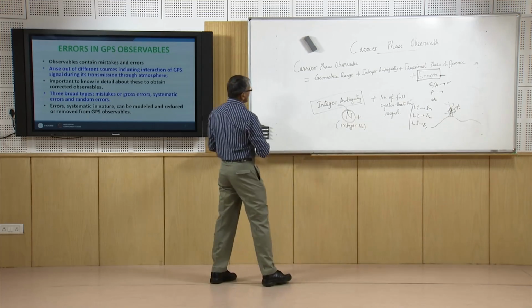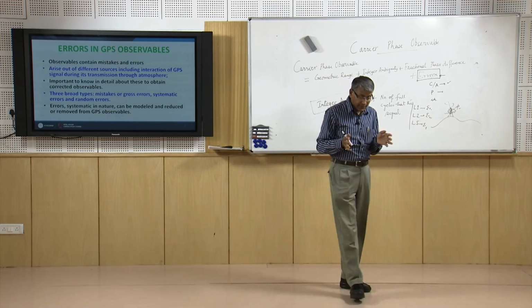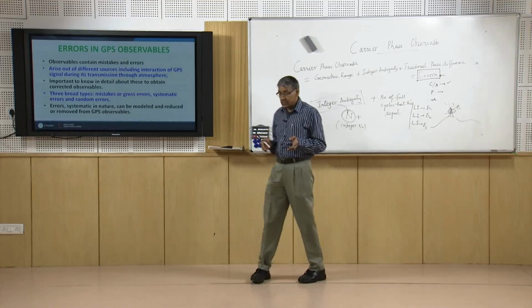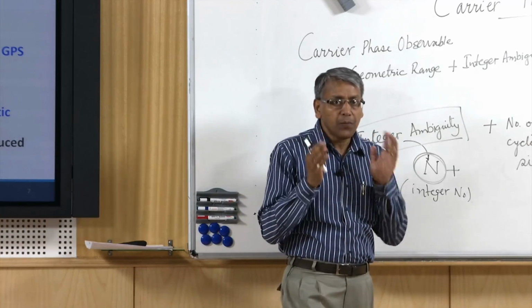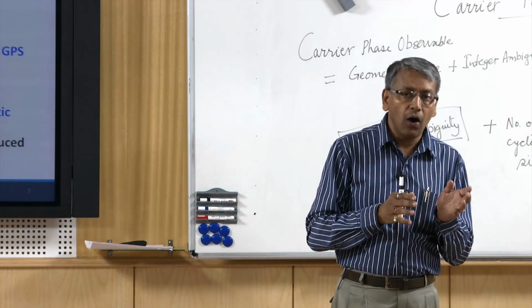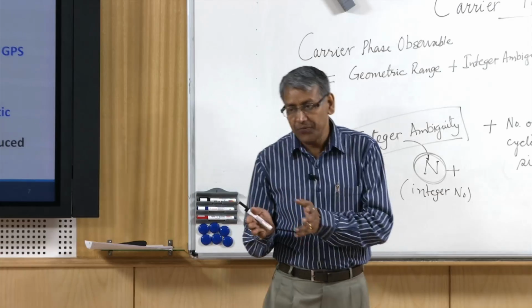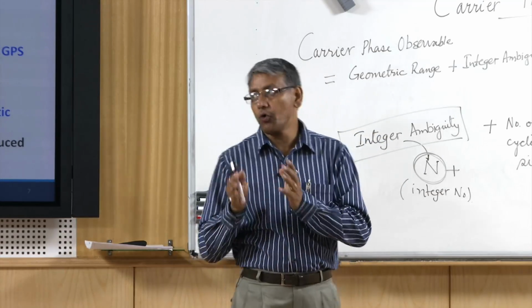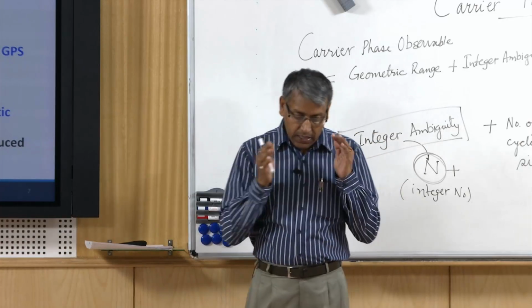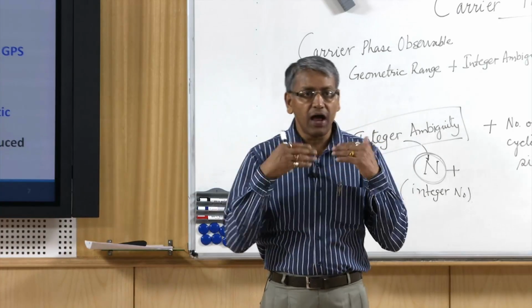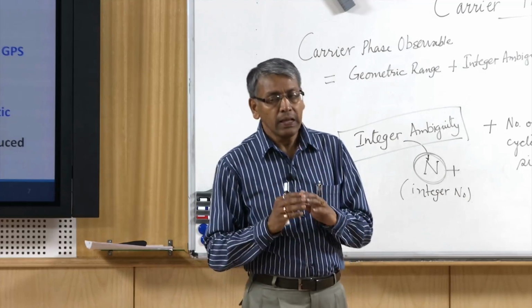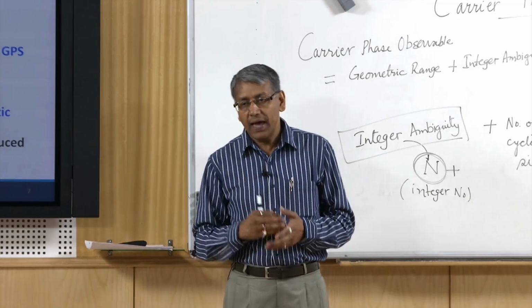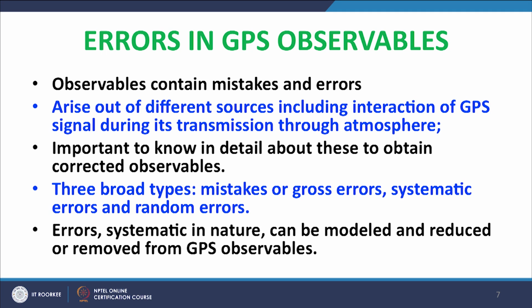So we see that both the observables are fraught with errors, and since the GPS position depends on the GPS observables, these observables should be free from those errors, otherwise our position determination will also be associated with some errors. So I will now discuss errors in GPS observables.